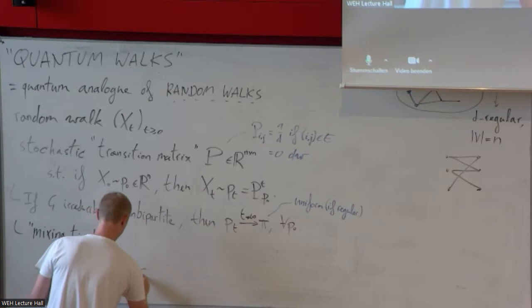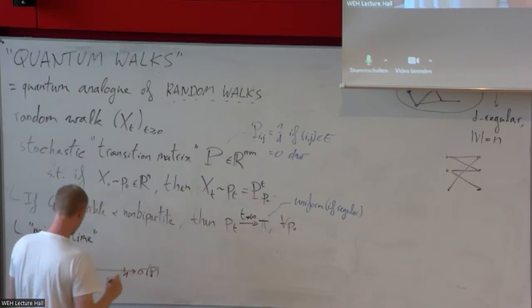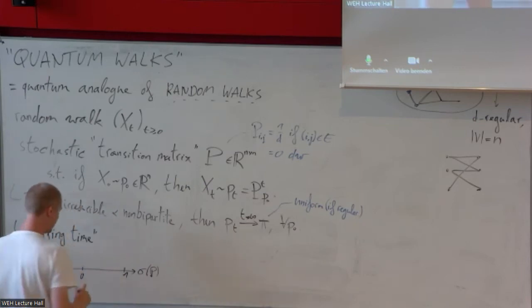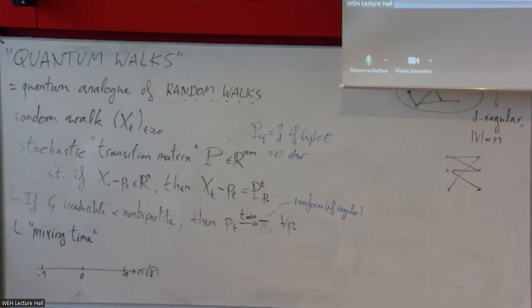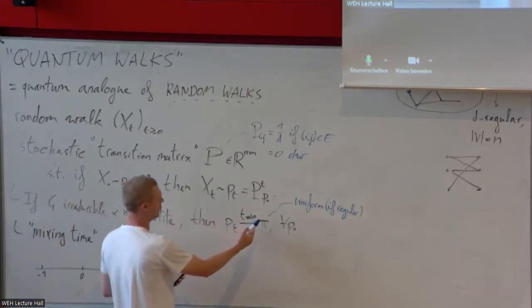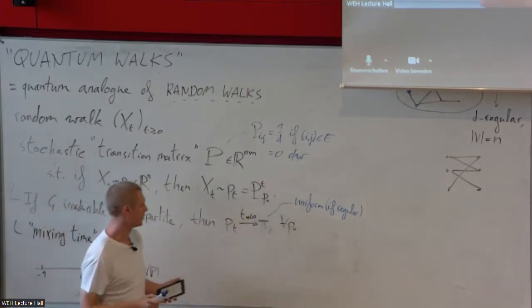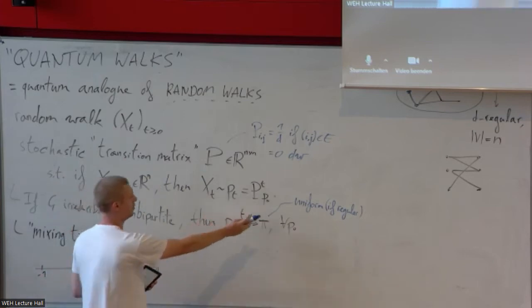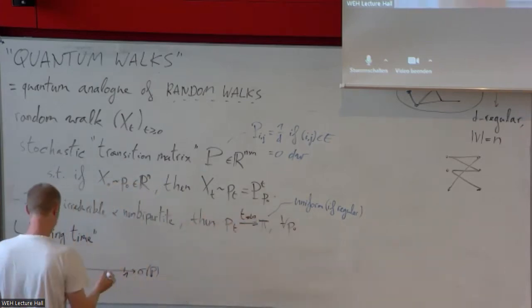So this is the spectrum of P. Then let's see where we have some eigenvalues, right? I just said that pi is a stationary distribution in the sense that it's fixed by P, right? So if we apply P to pi, we again get pi. So that means that we have this.